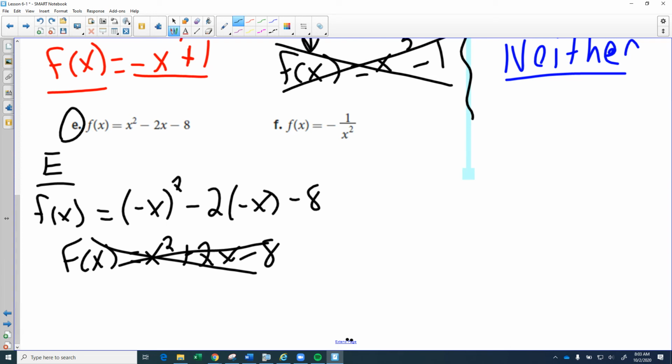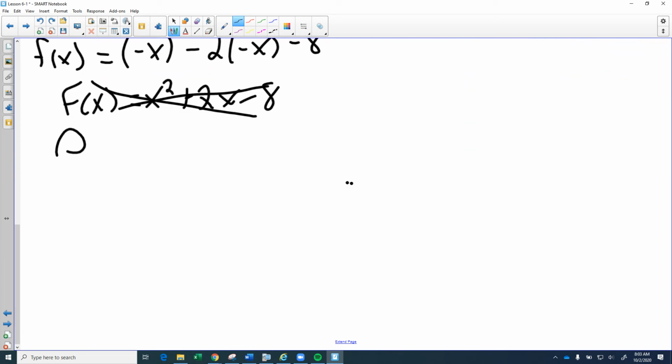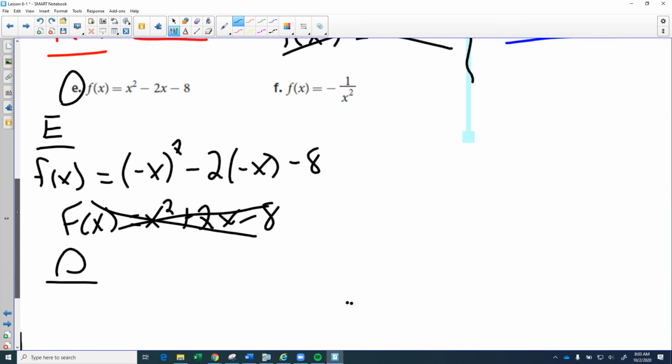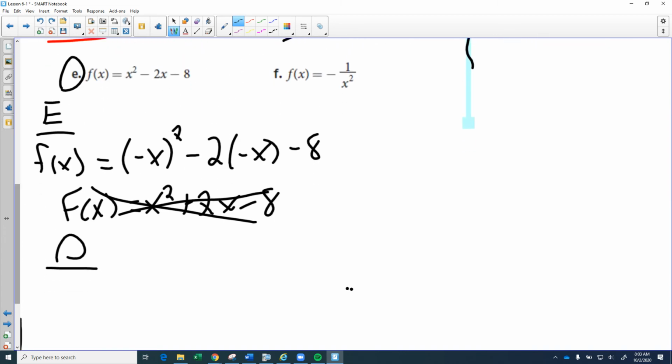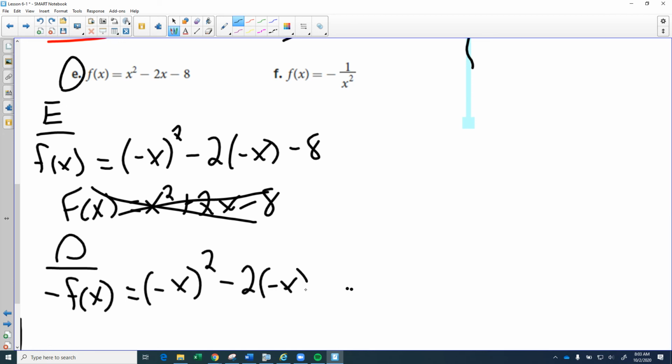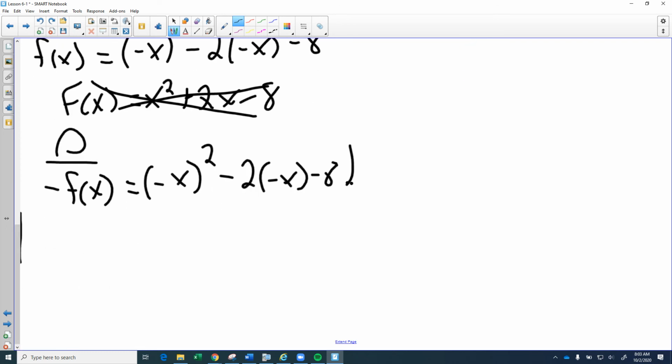We'll go ahead and try an odd function now. So for an odd function, we're going to plug in a negative x, and compare to negative f of x. Negative x squared minus 2 times negative x minus 8. Well, we're going to get almost the same equation besides a negative f of x.